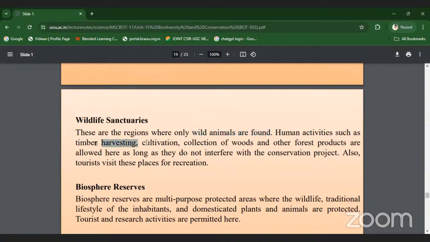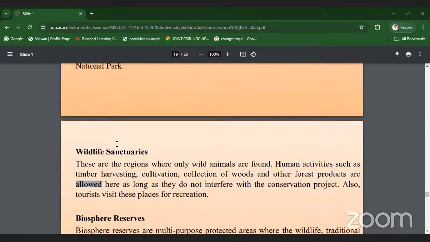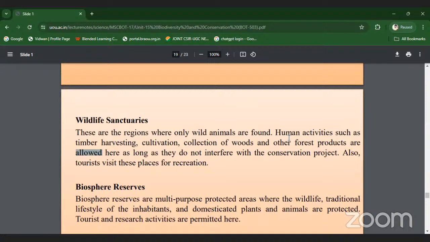Human activities such as timber harvesting, cultivation, collection of wood and other forest products are allowed, as long as they do not interfere with the conservation project. So in national parks they are not allowed, but in wildlife sanctuaries they are. Also, tourists visit wildlife sanctuaries for recreation.